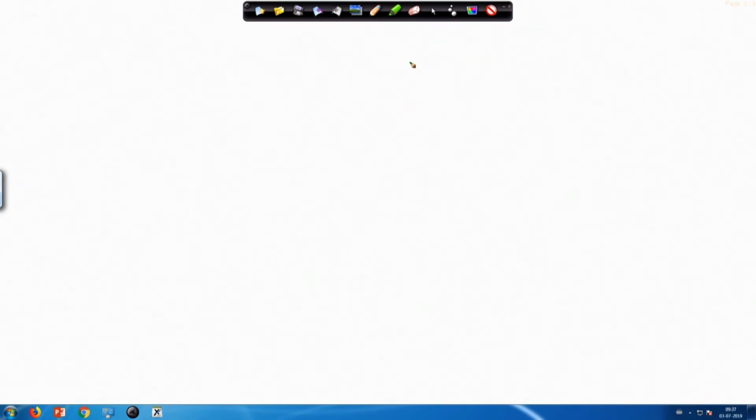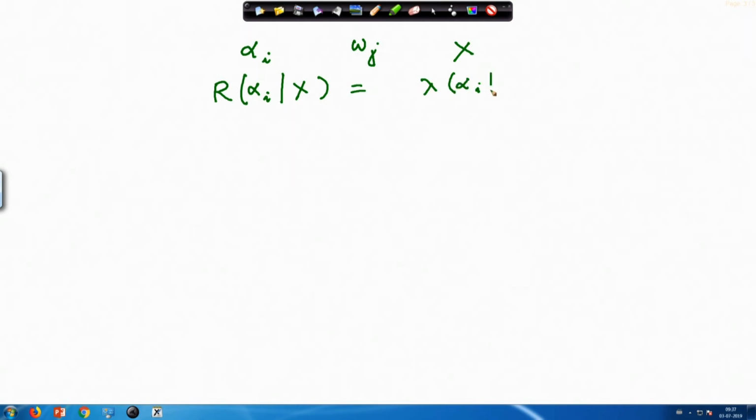We are discussing the risk function, and we have defined that if you take an action alpha i, where the true state of nature is omega j, then for a given input vector x, the risk involved is given by R of alpha i given x, which is nothing but lambda of alpha i given omega j into p of omega j given x, and you take the sum of this over all j.